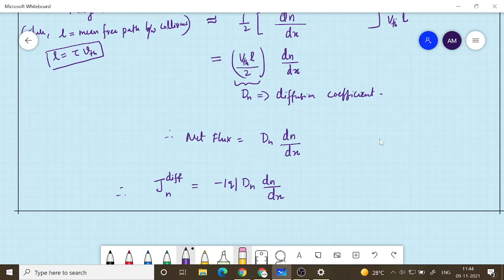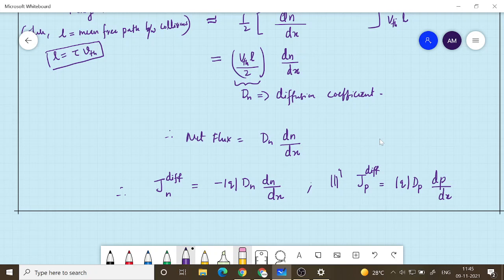Okay, so minus q is the charge of electron, and similarly we can have Jp diffusion is equal to plus q into Dp into dp by dx.